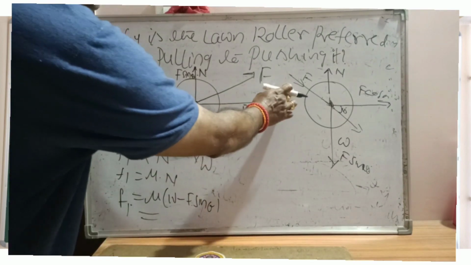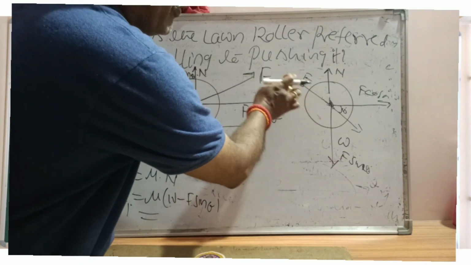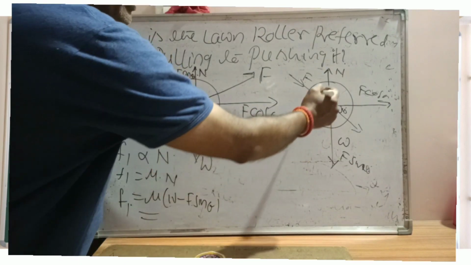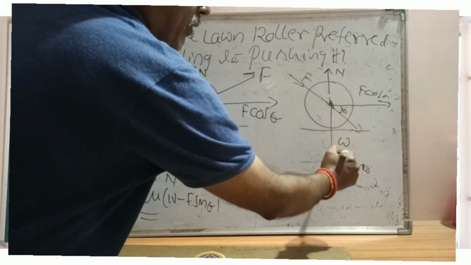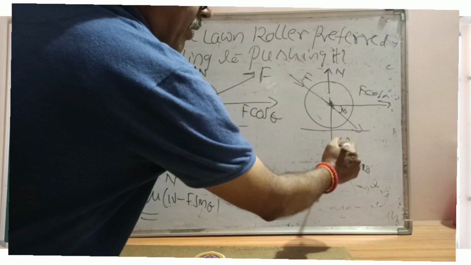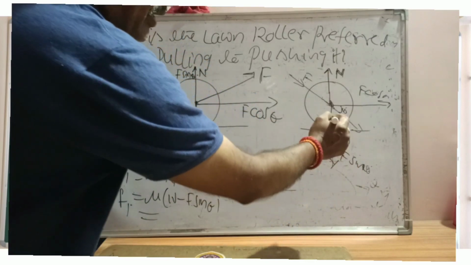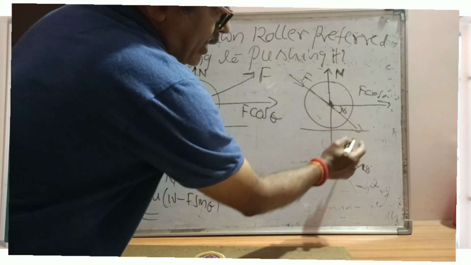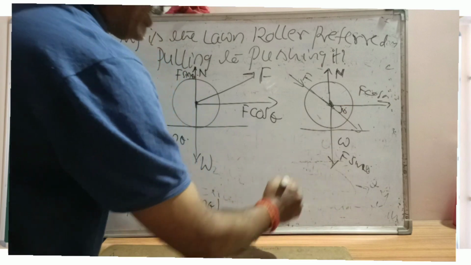Suppose the same lawn roller is pushed by the same amount of force F in this direction. Here, what are the forces acting on this lawn roller now? Weight of the roller W in the downward direction as usual, normal reaction in the upward direction. Here the force vector F can be resolved into F cos theta horizontal component, vertical component F sin theta.